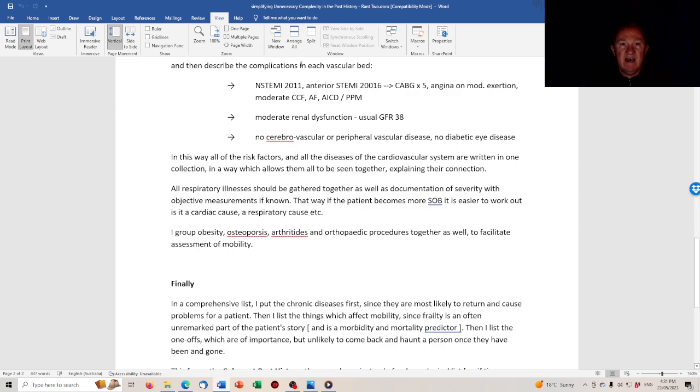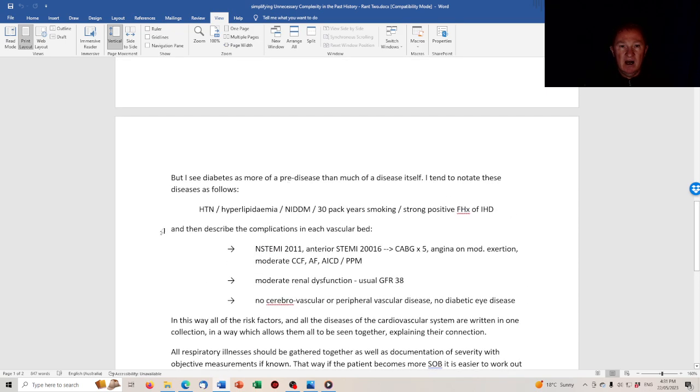So you can see how you can take a whole heap of diseases on a GP's list, and you can put them all into one area. And when you put them all together, you can see that this person has had a non-STEMI and a STEMI and 5 bypasses, and they still get angina.